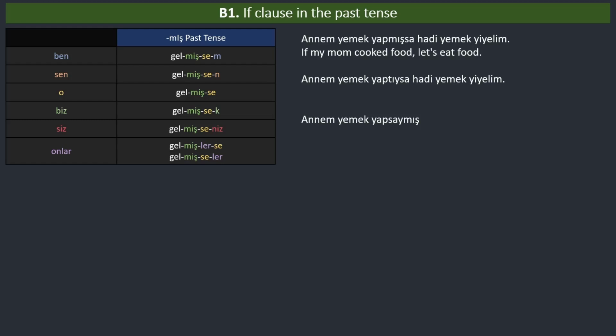the sa-mış structure. For example, you will say this saymış sentence while you are eating outside, and then someone asks you why you didn't eat at home. Then you will say, annem yemek yapmadı, yapsaymış. Like, I'm here because of her. Okay?